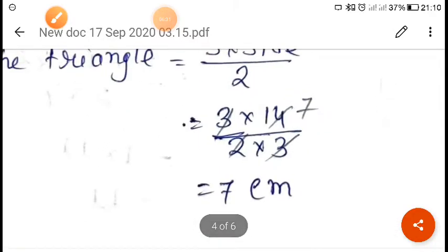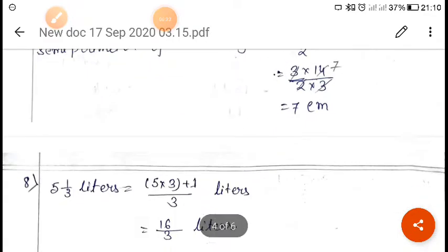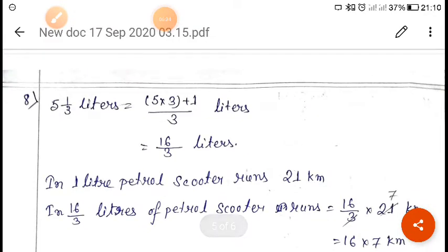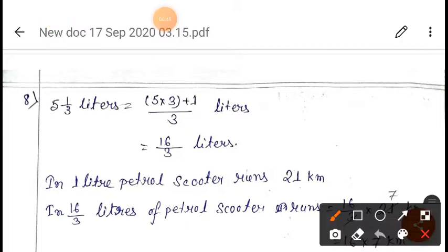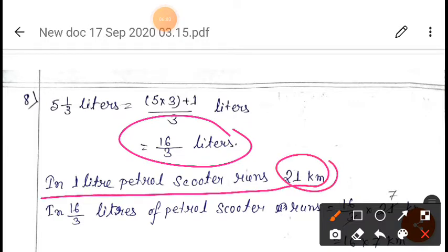Next, question number 8 is what? A scooter used 1 liter of petrol to run 21 kilometers. What distance will it cover using 5 1 by 3 liters of petrol? So first of all, we will convert this into a simple fraction. As you can see, we have converted this. So in 1 liter of petrol, it travels 21 kilometers.